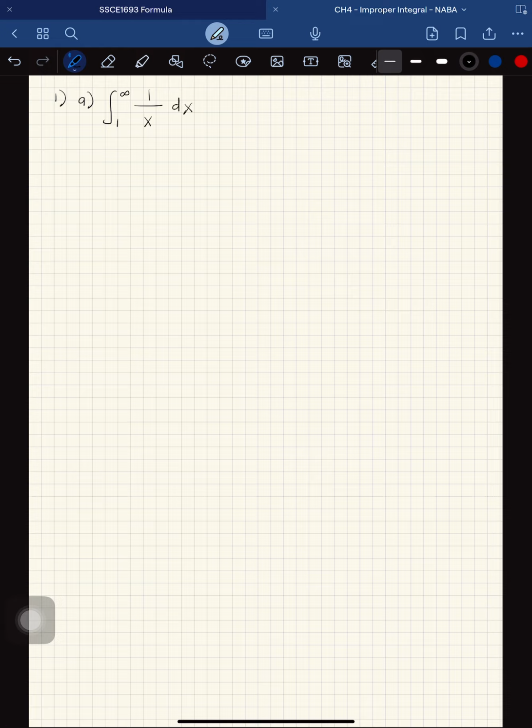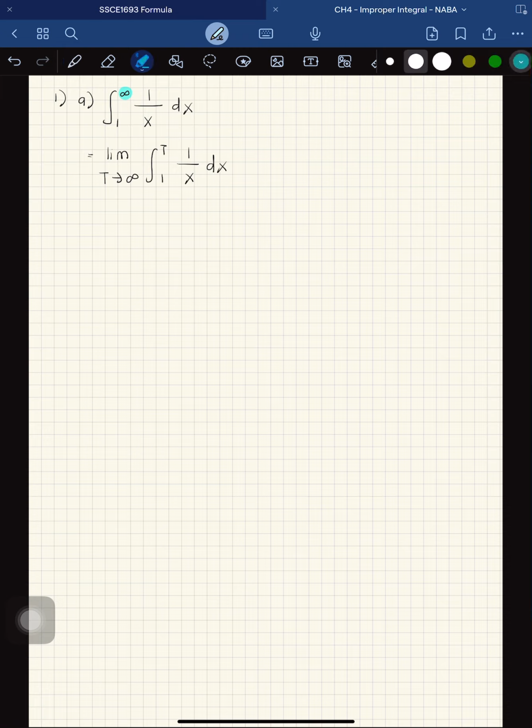Okay, so we have infinity as a limit. So the first thing you need to do is apply a limit. So the limit when t approaches infinity of the integral from 1 to t of 1 over x dx.